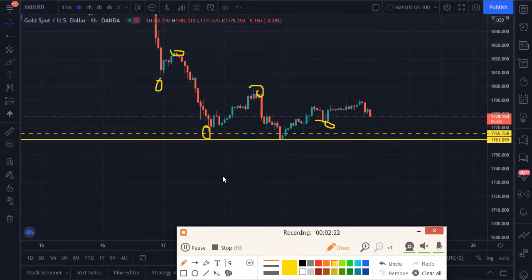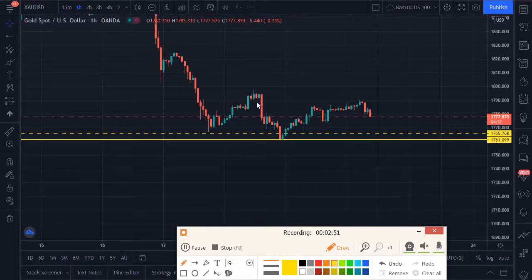So I'm going to find that point and see whether, because remember when the market was falling, it was a bearish momentum, the market was just selling off. To see that the market is now trying to push up, we have to see that the market broke, it doesn't matter whether it's an inner trend line or resistance, whatever, as long as it's broken.